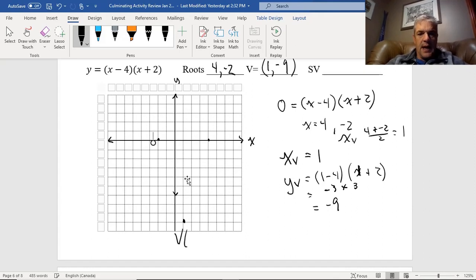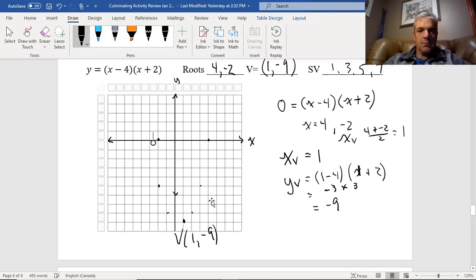So that is 1, -9, and for my step values, there is no a value out front, so my step values are simply 1, 3, 5, 7. Now you don't have to plot these step values, but you could. There's 1 over, 1 up, 1 over, 3 up, and 1 over, 5 up, and it works out perfectly that it becomes this point on the roots.